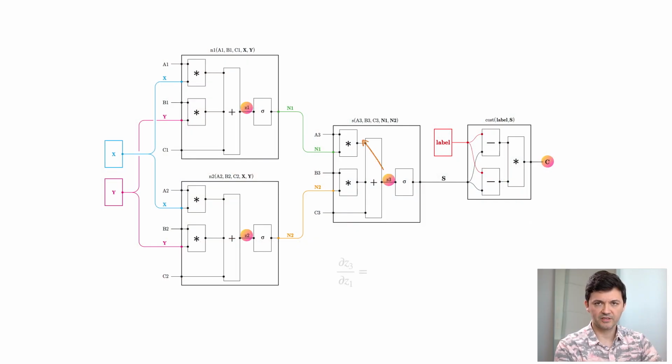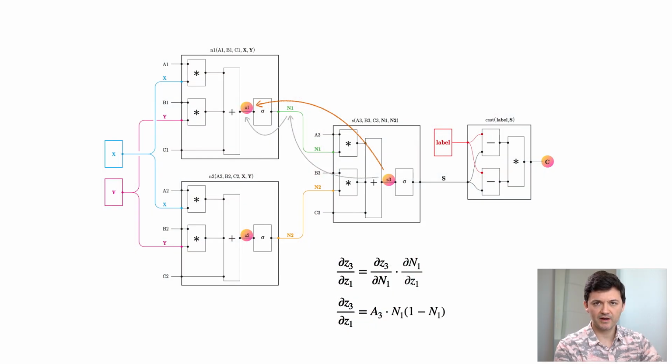Then, what would be the partial derivative of Z3 in terms of Z1? Again, we apply the chain rule and obtain that this is equal to delta Z3 over delta N1 times delta N1 in terms of Z1. Delta Z3 over delta N1 equals A3, and delta N1 over delta Z1, well, this is just going to be the output of the sigmoid function times 1 minus the output of sigmoid function, which means N1 times 1 minus N1.